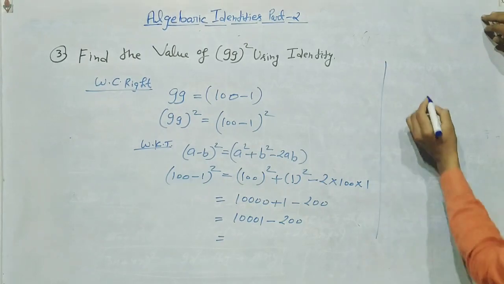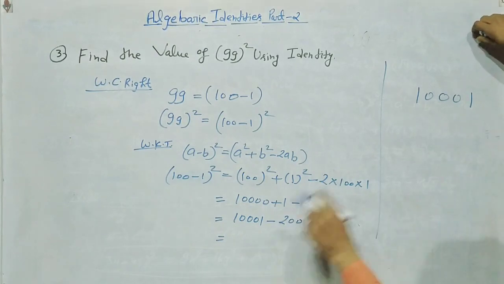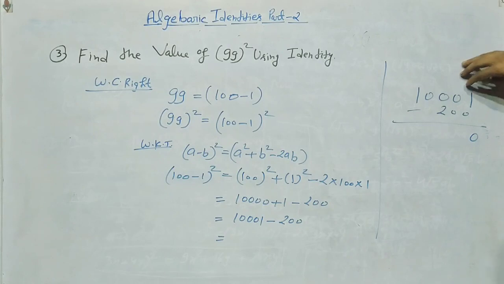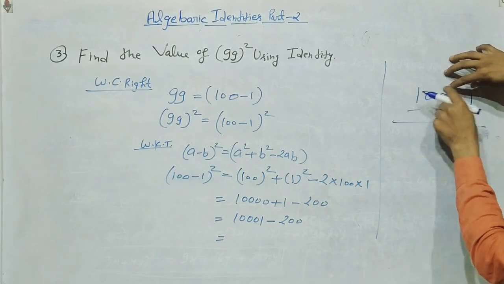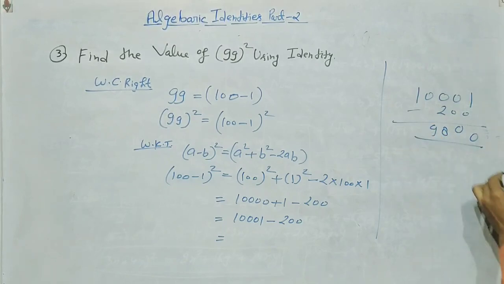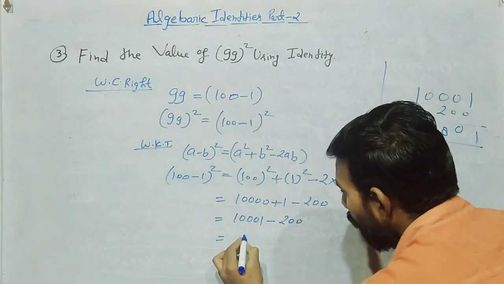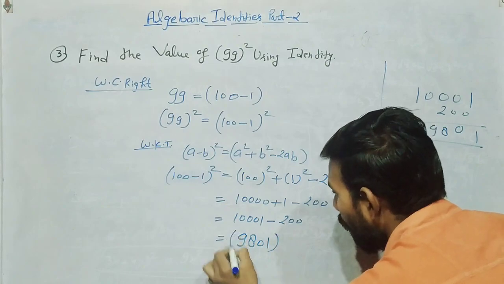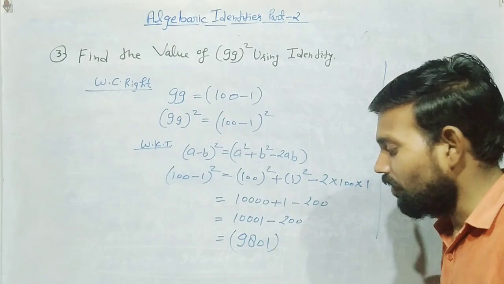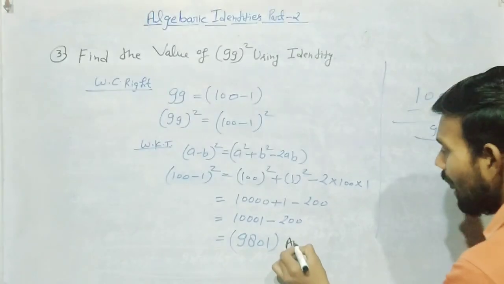I can check: 1 minus 0 is 1, 0 minus 0, carry 10 minus 2 is 8, here is 9. 9800, 9801. 9801, this is the answer. The value of 99 to the whole square is 9801. Clear? Very easy. This is the answer.